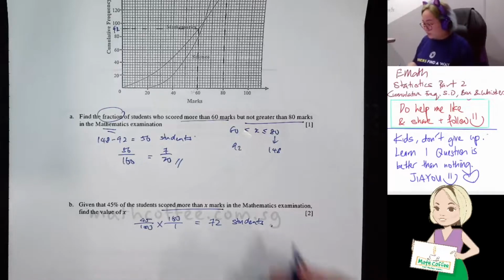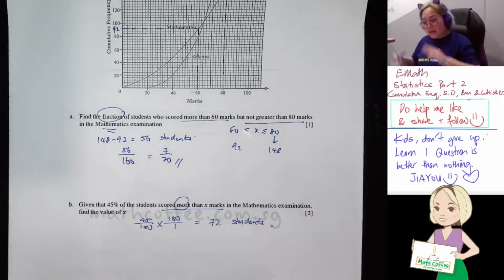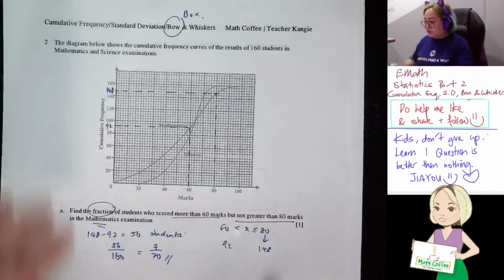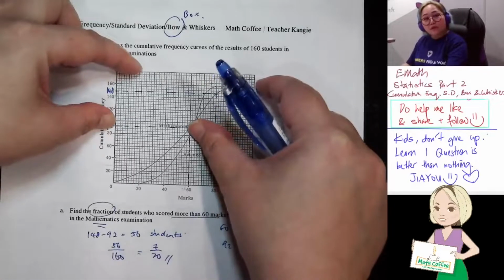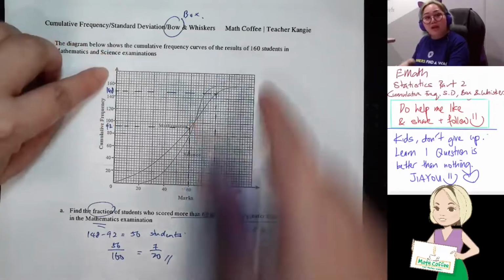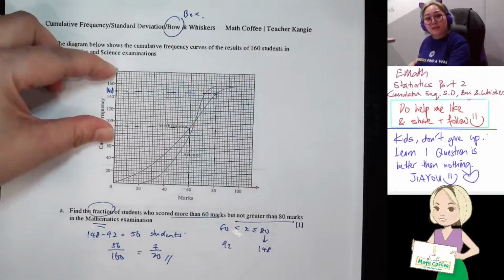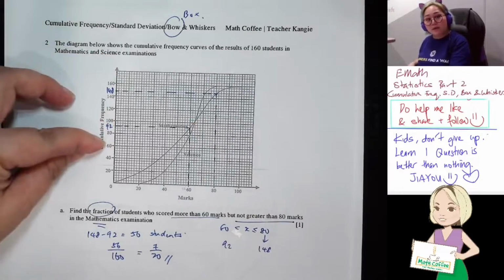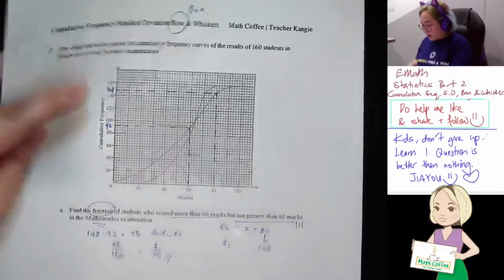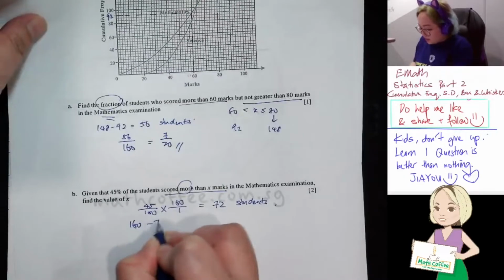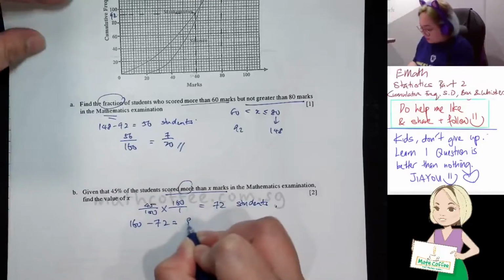But because of the word more than, this 72 students is from the above. So I have to take 160 students minus the 72 to find out what is the number over here. So we take 160 minus 72, that will give us 88.